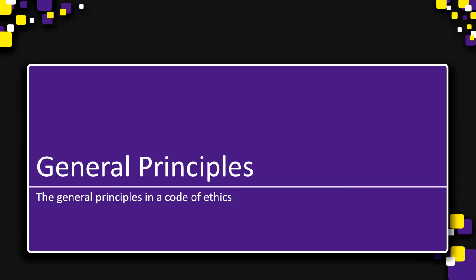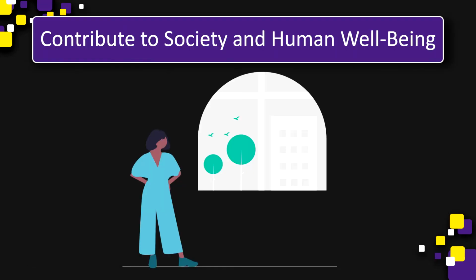The general principles that they try to abide by in their code of ethics are as follows. The first is contribute to society and human well-being. We want to use our skills in our profession, our career opportunities, to give back to the society that we're a part of. We should not be using these skills to hurt or endanger our communities or other humans around the world.